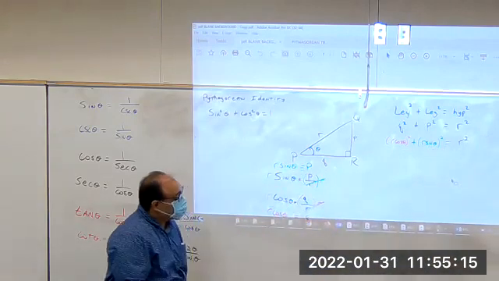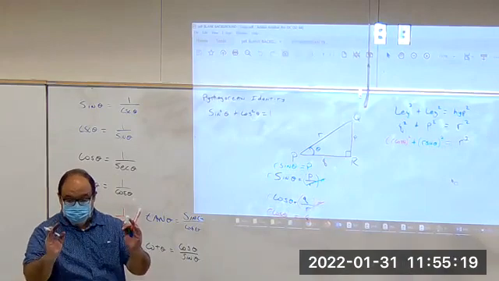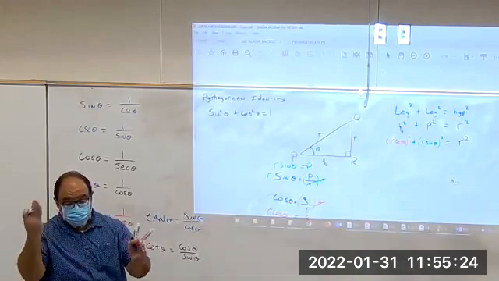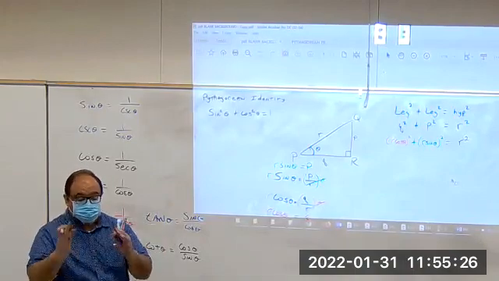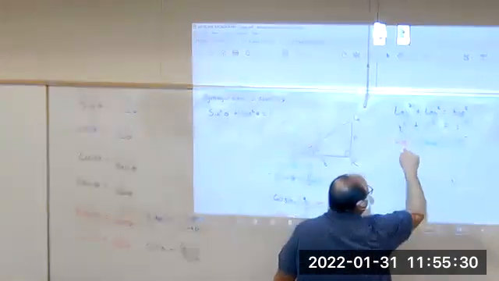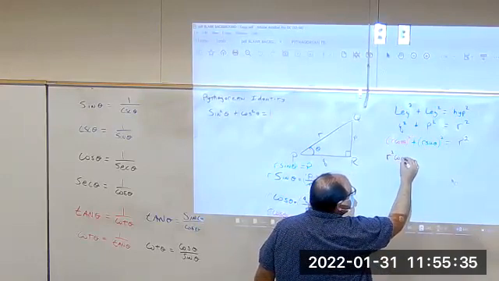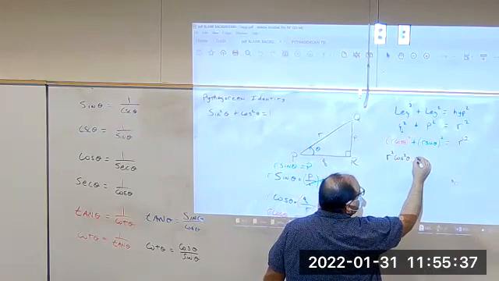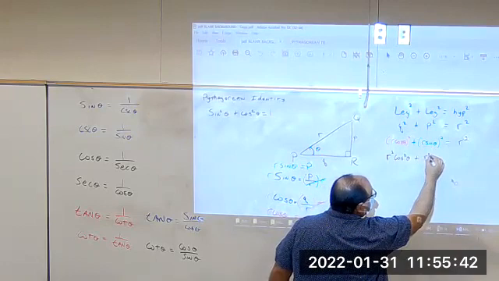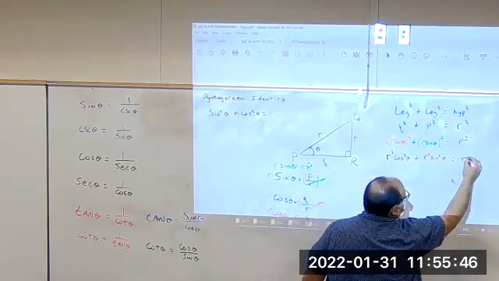When you raise any product to a power, you can raise the individual factors to a power. So r times cosine theta to the second means we have r squared times cosine squared theta plus r sine theta squared is r squared times sine squared theta equals r squared.